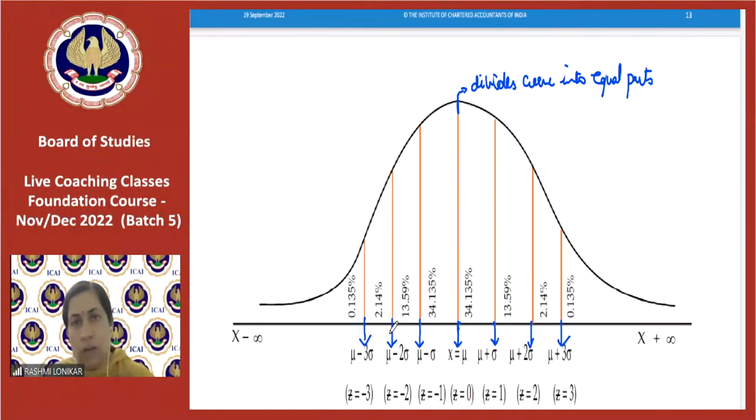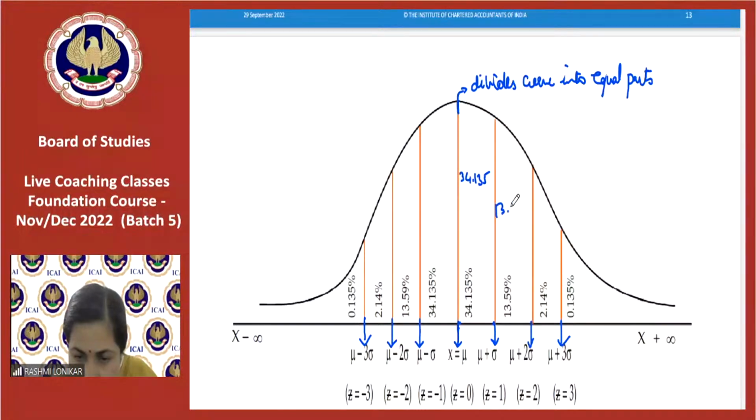Okay. So now we have gone to the left hand side and right hand side. Now here what I do is, I find out that from x is equal to mu to mu plus sigma, how much area is covered? It's 34.135. 34.135 percent of the area is covered. From mu plus sigma to mu plus 2 sigma, how much is covered?